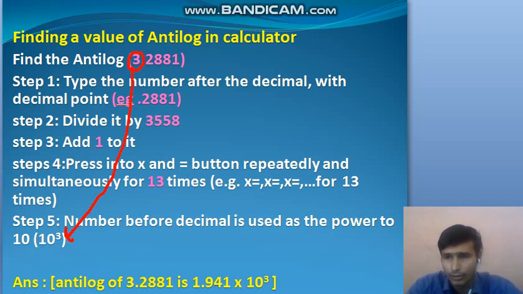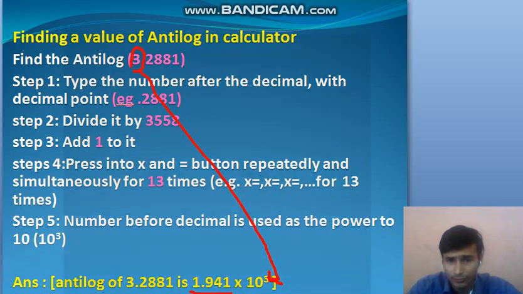So the answer of the antilog of 0.2881 is 1.941, and the 3 is added as the power of 10, 10 raised to 3.